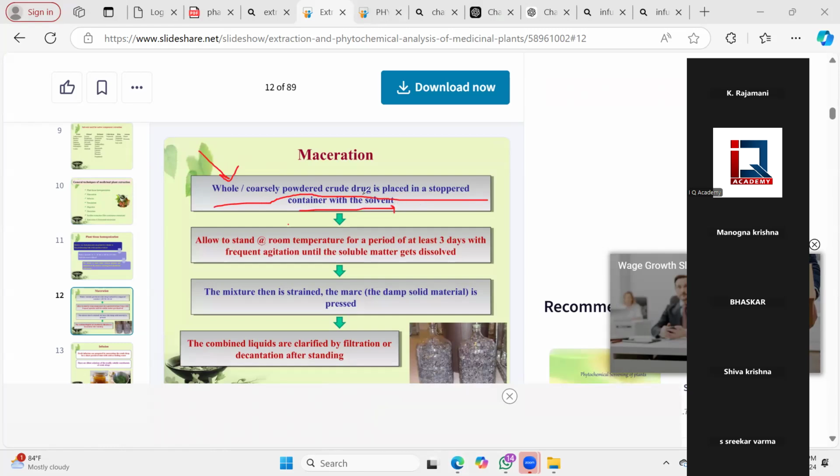So there is no separate equipment, you just keep it aside, soaking the powdered dry drug in the solvent. It is allowed to stand at room temperature for a period of 3 days with frequent agitation until the soluble matter gets dissolved. So general maceration can take 3 days, sometimes 5 days or more also.